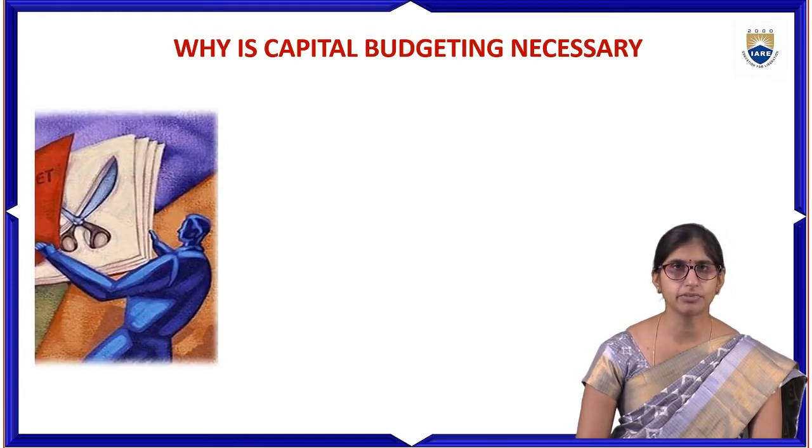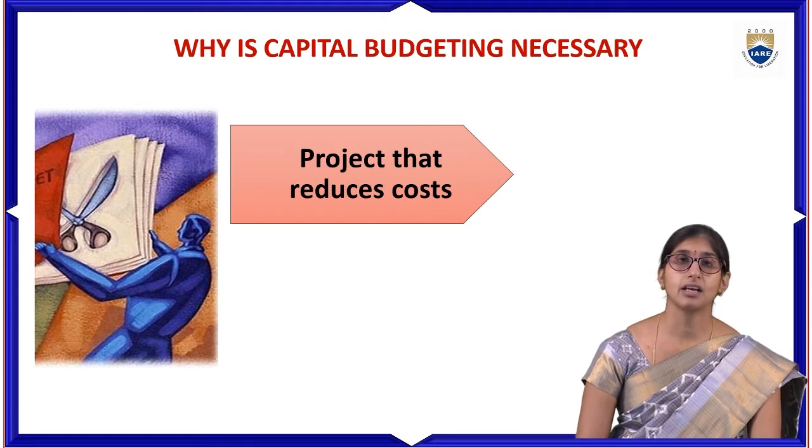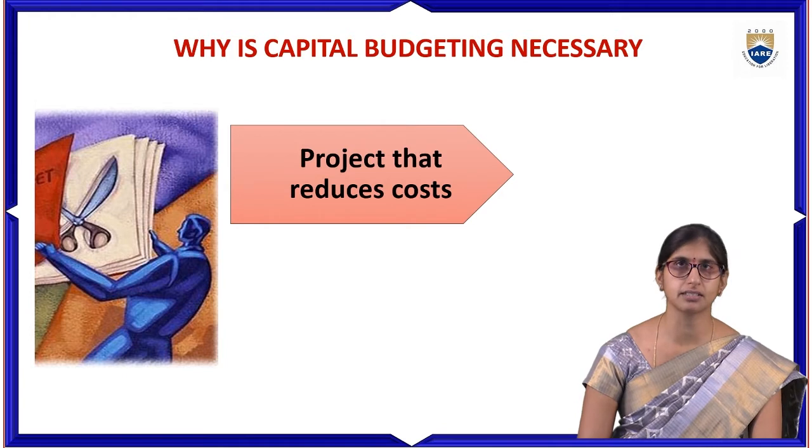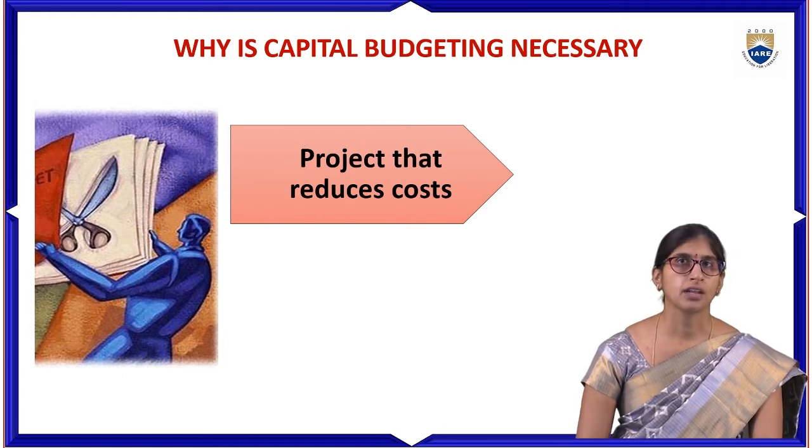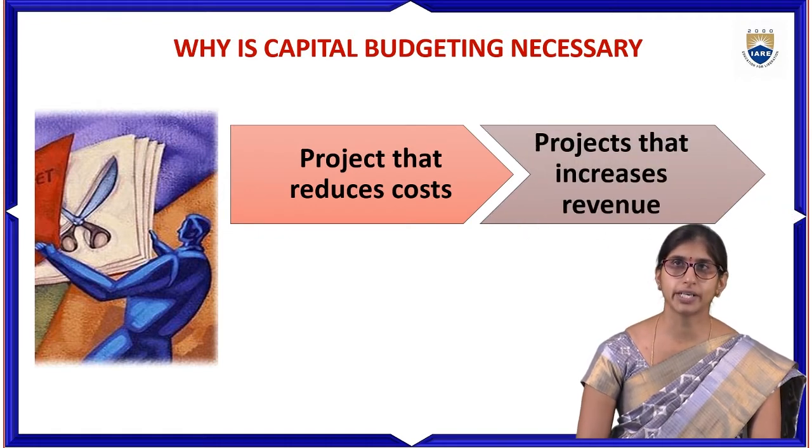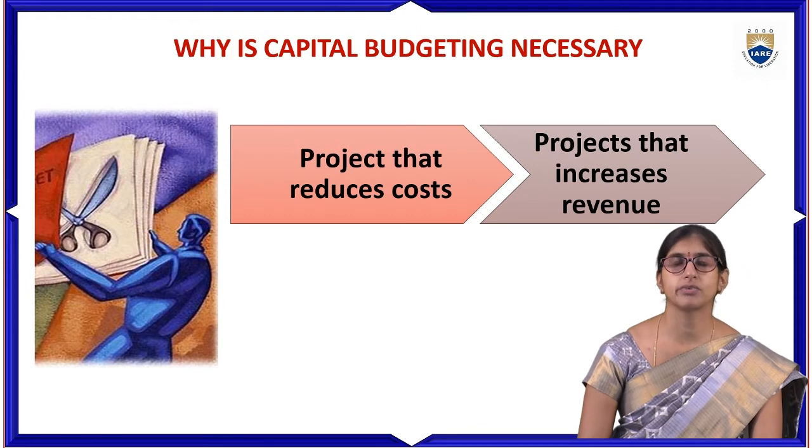So capital budgeting is basically used for two activities: to reduce the cost of the project and to increase the revenue of the project. It helps to control the costs associated with the project.